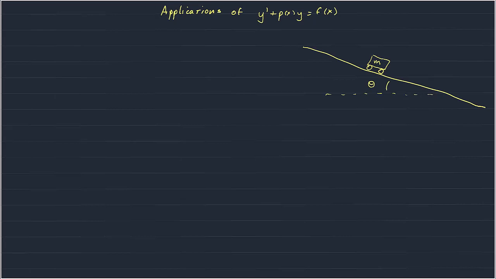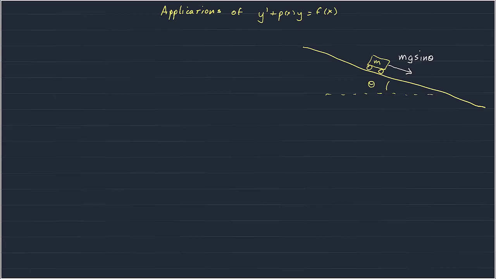So if we look at the forces on this mass, you on a bicycle, we have, first of all, the pulling force of gravity, the downhill pulling force of gravity, which is proportional to the mass. It's proportional to the acceleration of gravity, g, and proportional to sine theta.